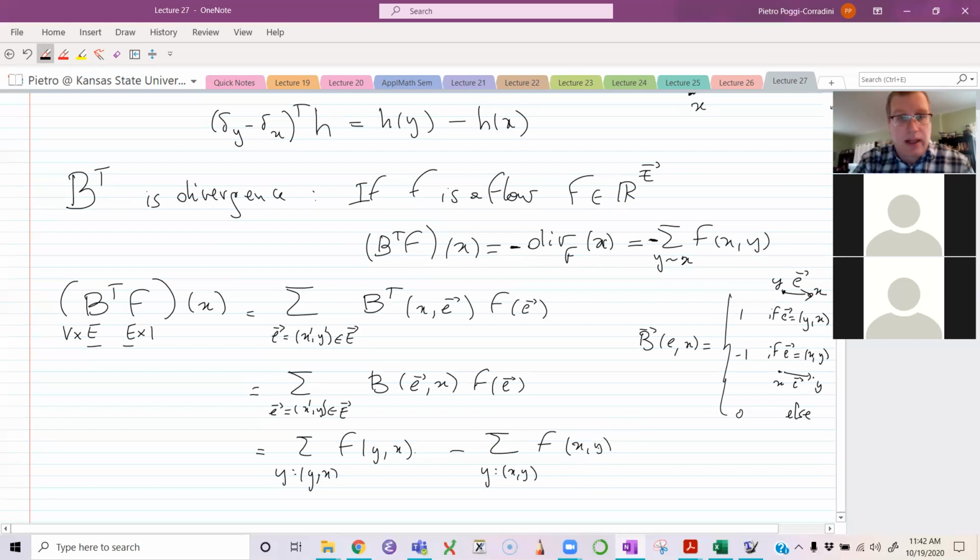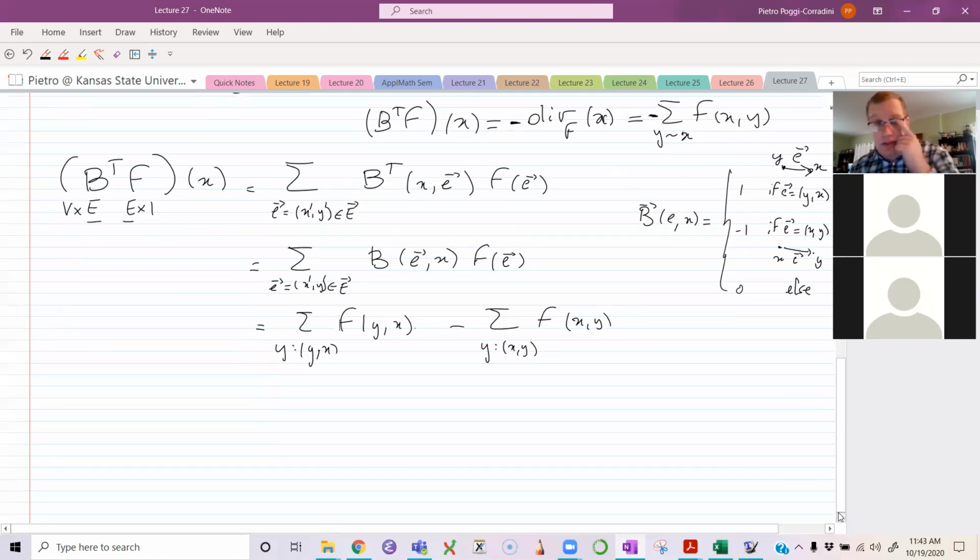Okay, so let's write it like that, right? We're summing over all the neighbors y where the edge points to x, f of yx, and over all the neighbors where x points away from, so where the edge points away from x, f(x,y). And then we use the property of flows and basically switch, these are different y's from those.